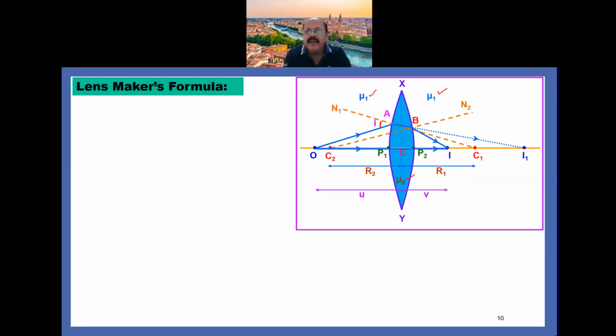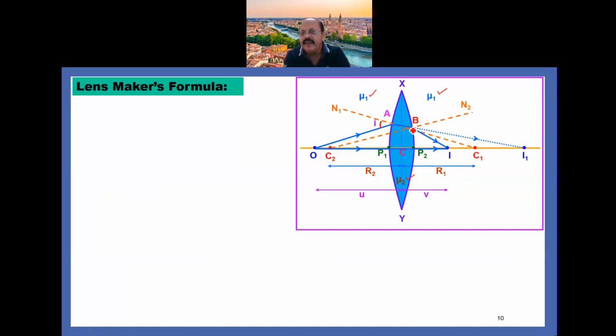So in that case what happens, the first ray which is incident along OP1 passes straight because it is a normal incidence. But the second ray which is incident along OA now gets refracted along AB, and you see that this is the refraction from rarer to denser. Now when AB is incident on xP2y, it is refraction from denser to rarer.